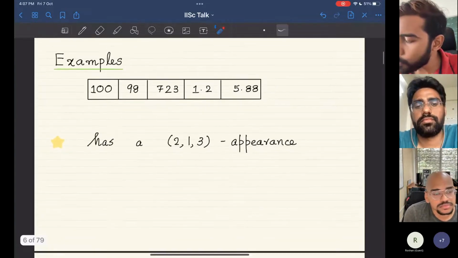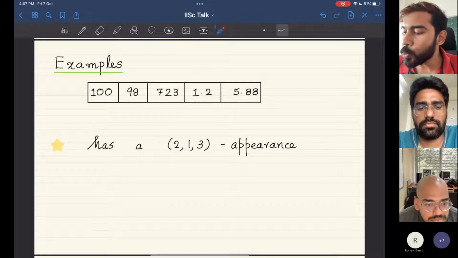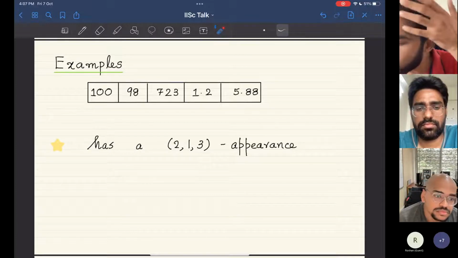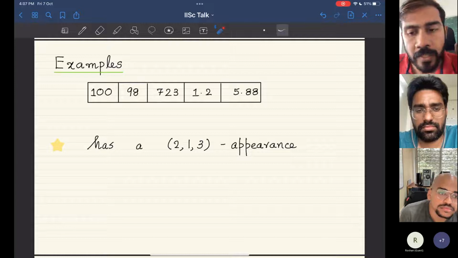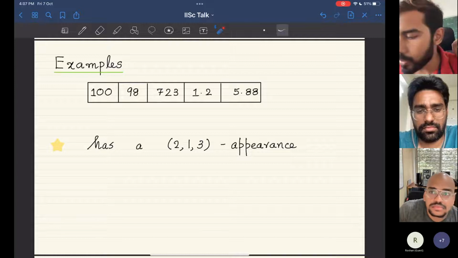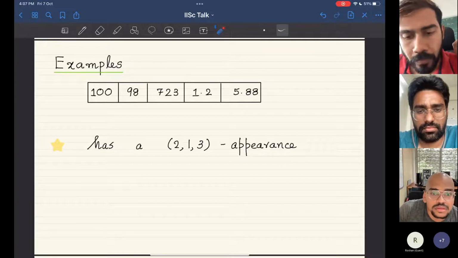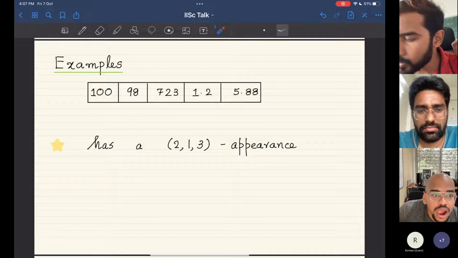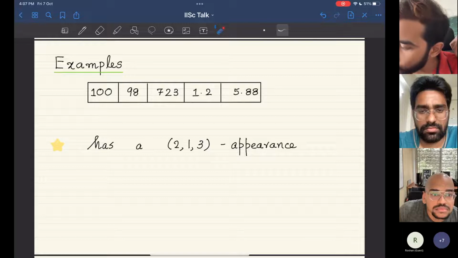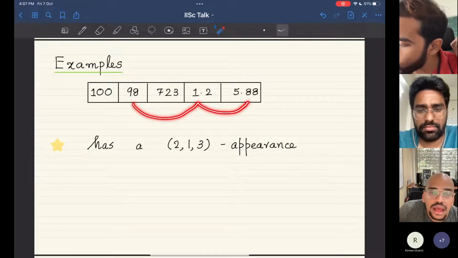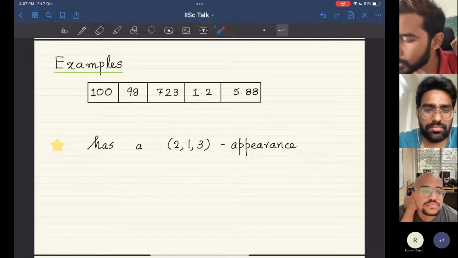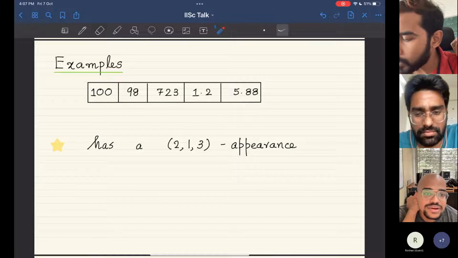So here are a bunch more examples. This has a 213 appearance. Can somebody maybe point out a 213 appearance? $98, 1.2. No, this will not be a 213 appearance. Sorry, 198, 723.